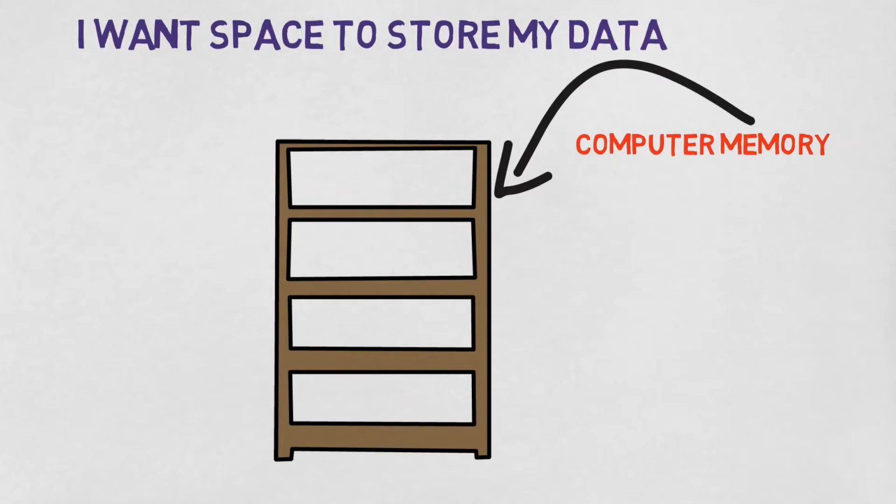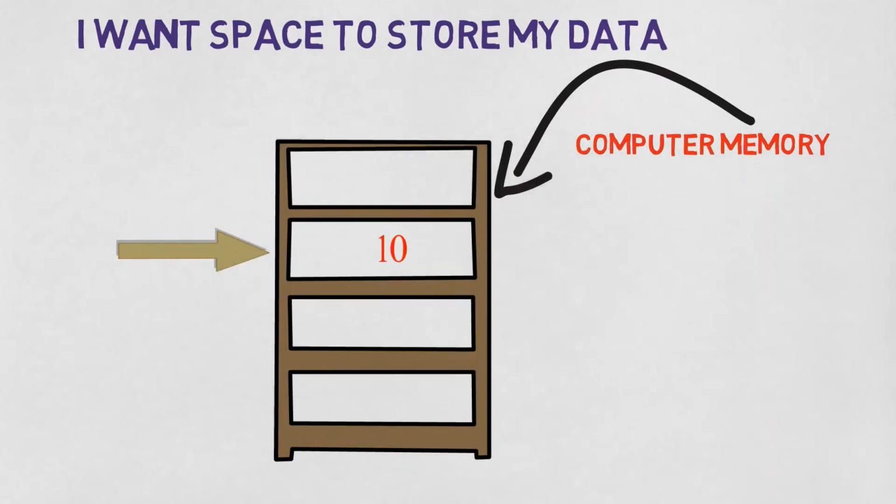Okay. So in this case, the computer says, okay, I will give you the space to store your data. If we consider these white partitions as separate memory blocks, it will give you an empty memory block to store your data.